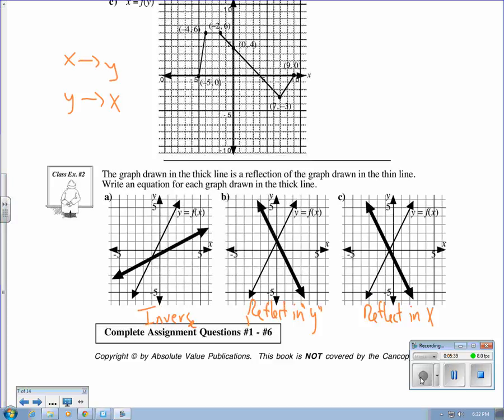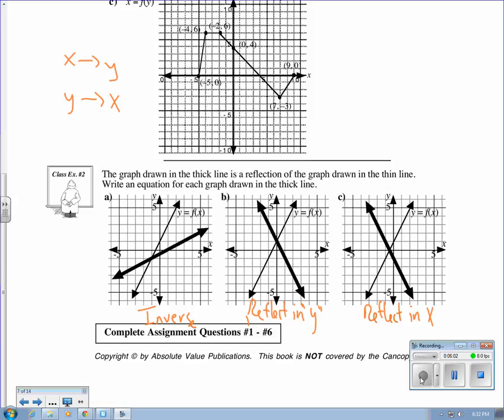Taking a look at the graphs below, I can see a nice inverse relationship. If you draw in the line y equals x, you'll see how that thicker line is related to the thin line. In B, the mirror nicely sets up along the y-axis. If there was a mirror on the y-axis, you would get that reflection.